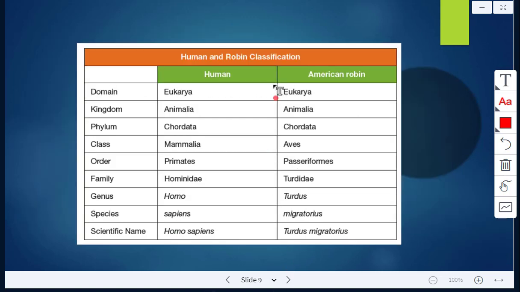So what we're going to look at here is human and the American robin. When we look at the domain, Eukarya for both, kingdom, Animalia for both, phylum, Chordata and Chordata, and then it changes when we get to class. Humans are part of the Mammalia class, and robins are part of the Aves class.